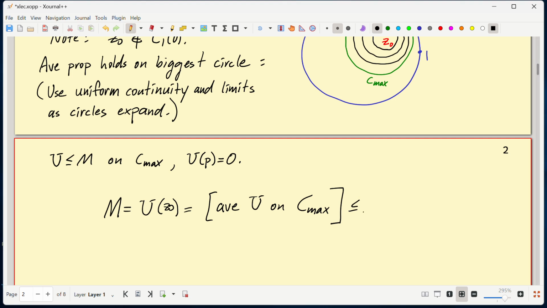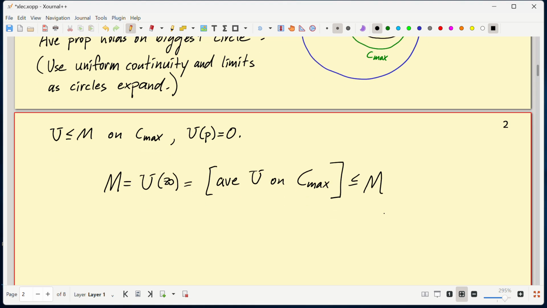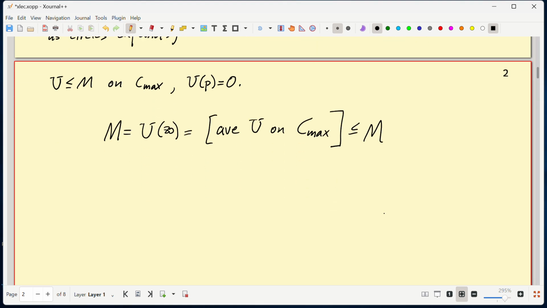So we are in that exact same situation as when we proved the, remember the graph. Here's M. Here's 2 pi. That integral is as big as it can possibly be.